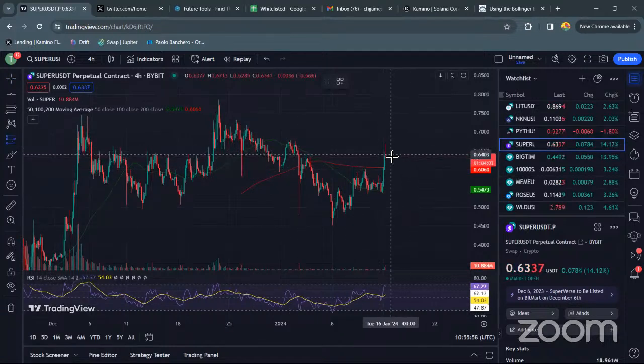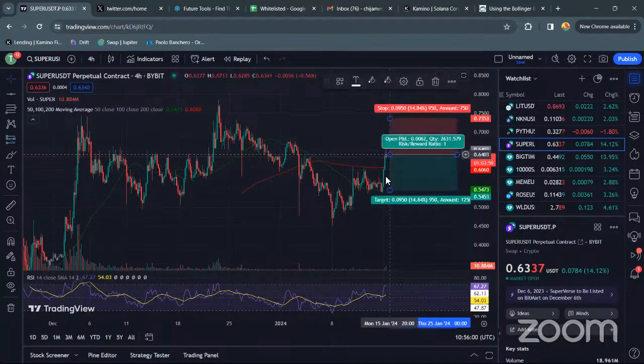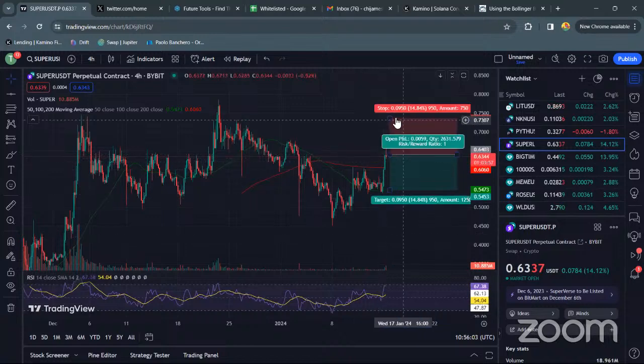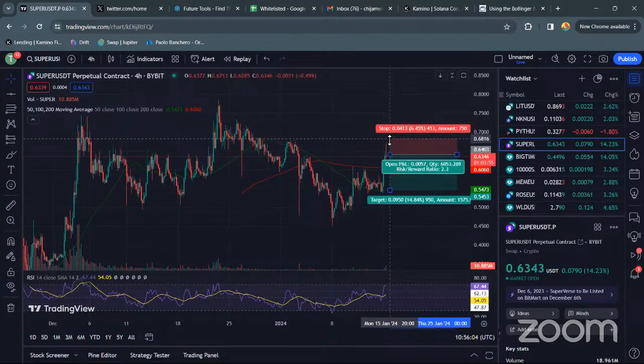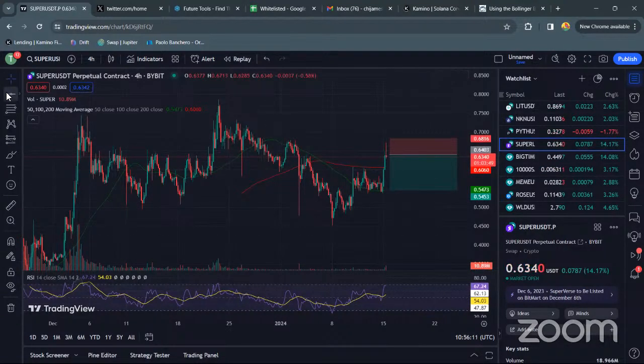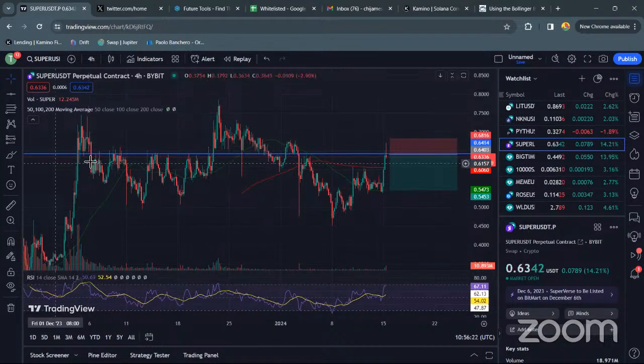Let me see. Let's say this 0.64 level. It looks like a key level, because we can see it's been a resistance level for so long, over here in this range.